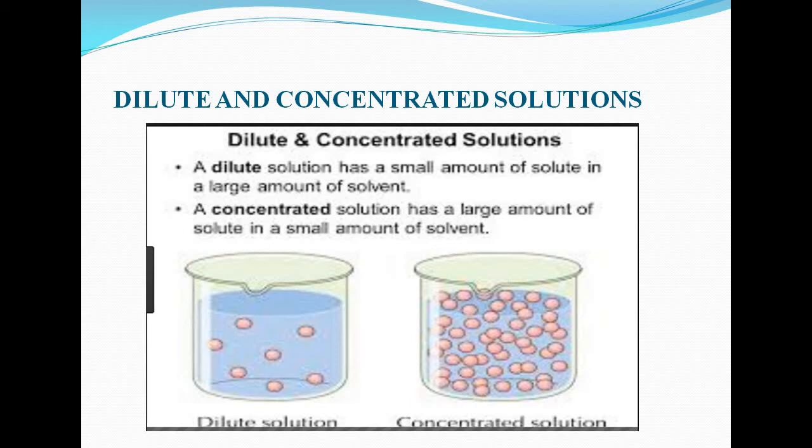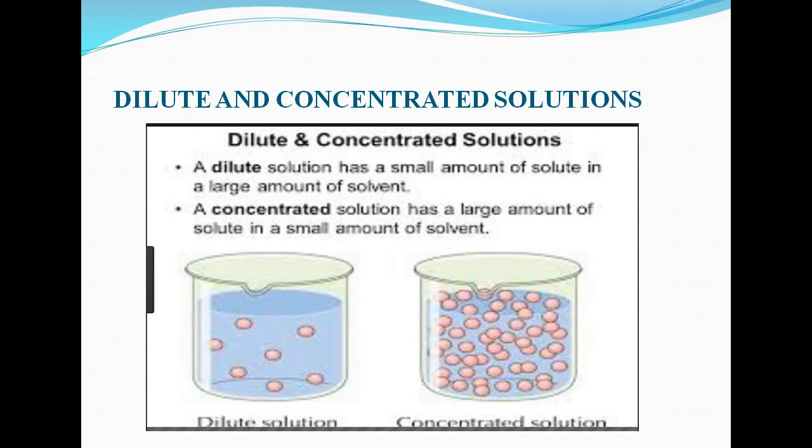The first beaker has a smaller amount of solute in a given amount of a solvent, and the second beaker contains a larger amount of solute in that given amount of solvent. Notice that the amount of solvent in both solutions is fixed.